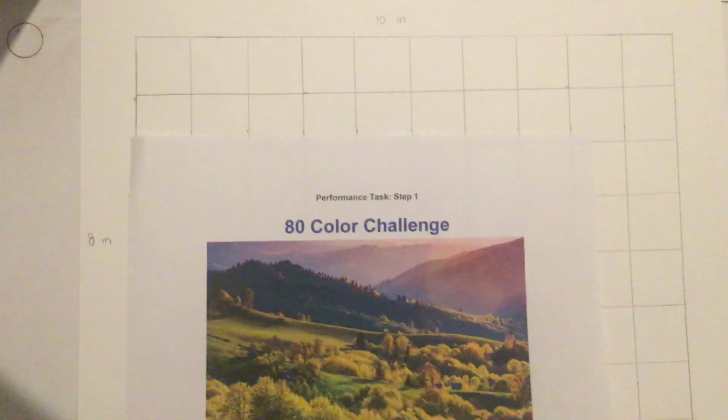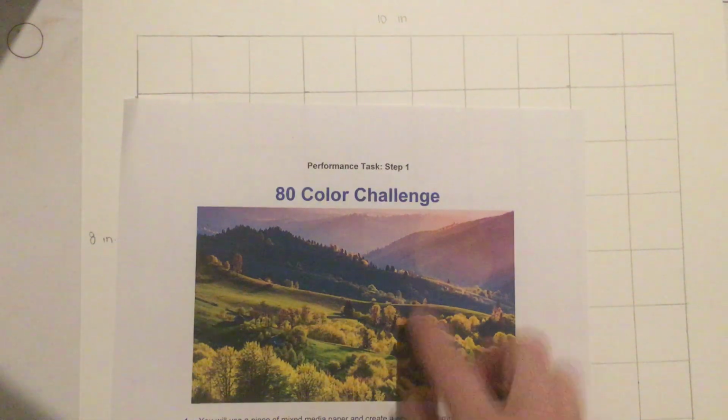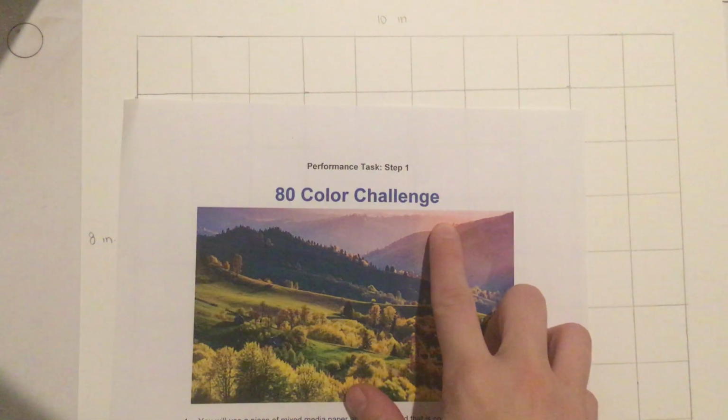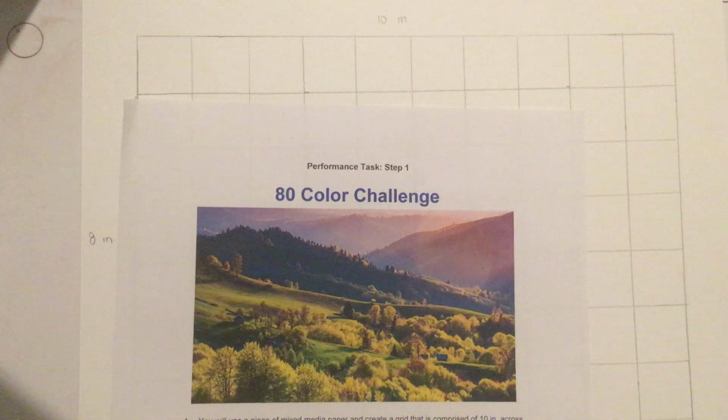Now before you start working on yours, I'm going to allow you to look at my landscape, and on my table you can go ahead and mix a color that you see in this landscape. Everybody has different eyes. We all see different colors. We all see different tints and shades of colors. And so what I see in this area may not be the exact same thing as another person sees.